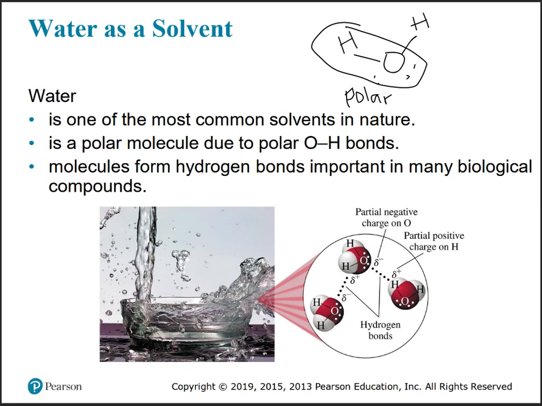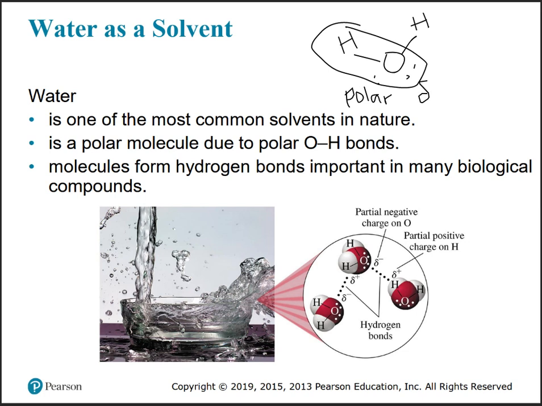Hydrogen bonds are really important, and you'll see this throughout all different types of biological compounds. You'll see hydrogen bonding playing a really important role in either making something into a solution or just in general interacting with other compounds. Because water is a polar molecule, you have partial positive and partial negative charges.